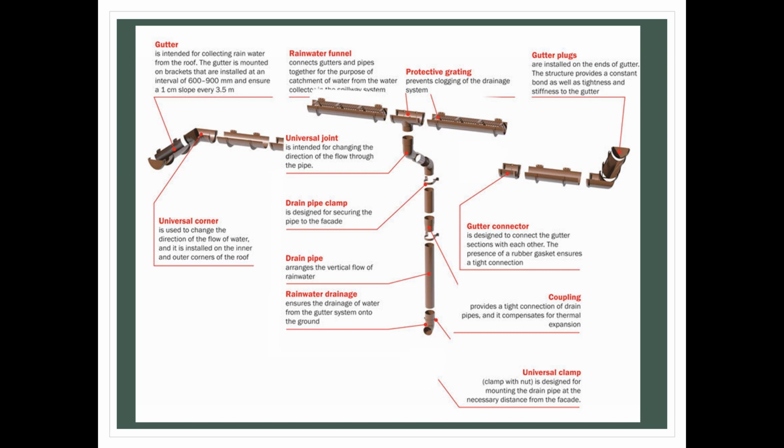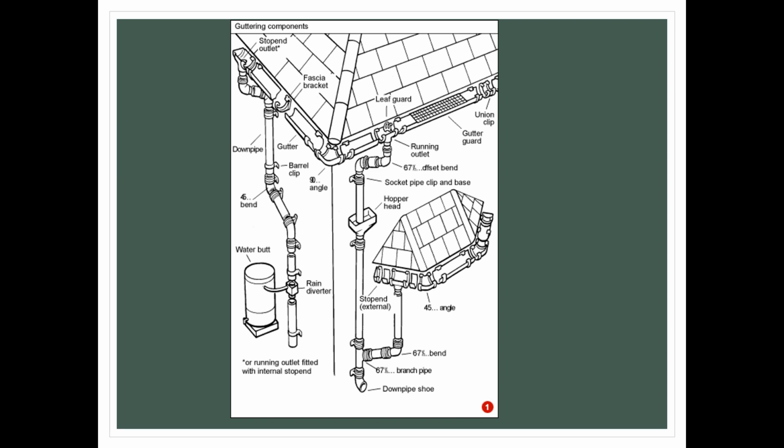So this is one example of the components of the RWDP. We have the gutter that collects the water, and then this is the drain pipeline. Okay, here is another diagram of the gutter and RWDP.